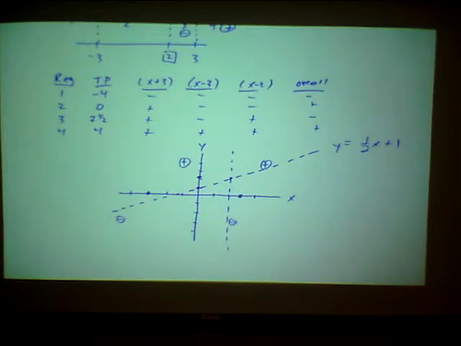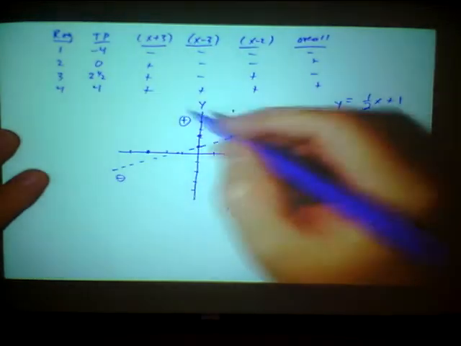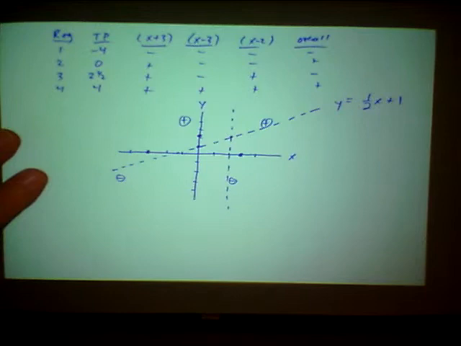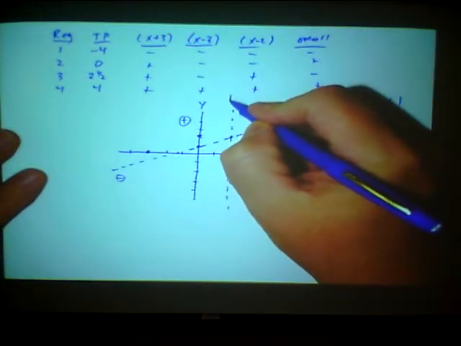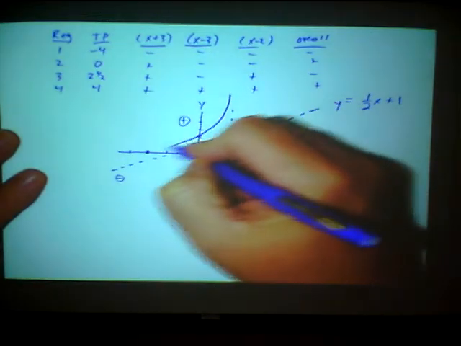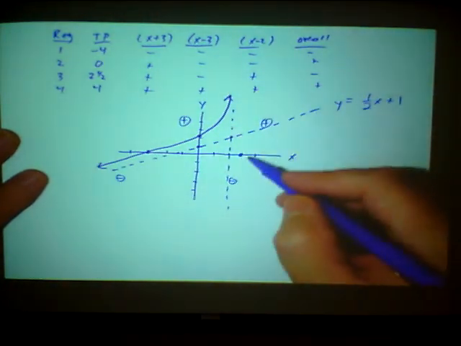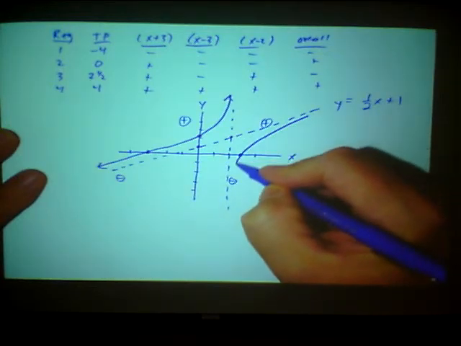So now, let's try and figure out what's going on with this graph. And you can always plot some points, but I believe the graph is going to look like this. I've got these 2 points right here. So my guess is it's probably going to look something like this. And over here, what's interesting is, it goes through here.